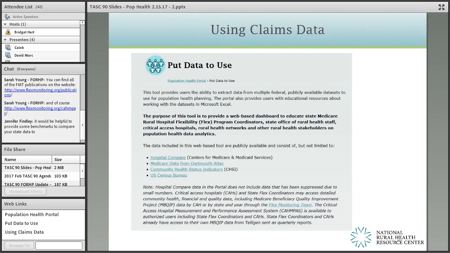It gives the median household income, unemployment, excessive drinking, drug overdose deaths, and then teen births and poor mental health days. And this was ranging from 4 in a few counties as low as 2.9.